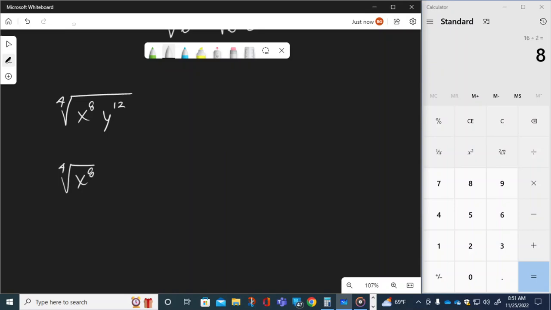You're going to take the first term and convert it into x to the power of 4 times x to the power of 4, like so.